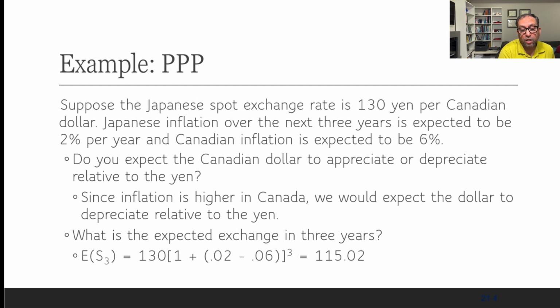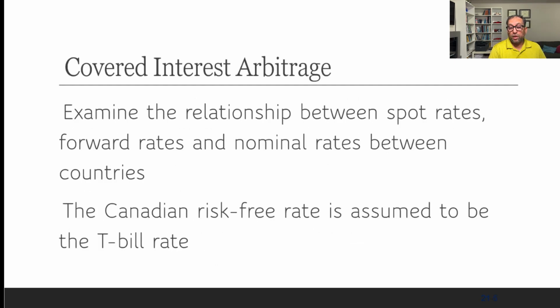So that is going to be 115. You see the difference, 130, 115. So it means that the Canadian dollar is depreciating, and at the same time, the Japanese yen is appreciating against the Canadian dollar.